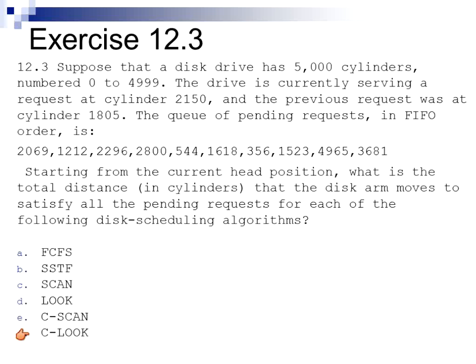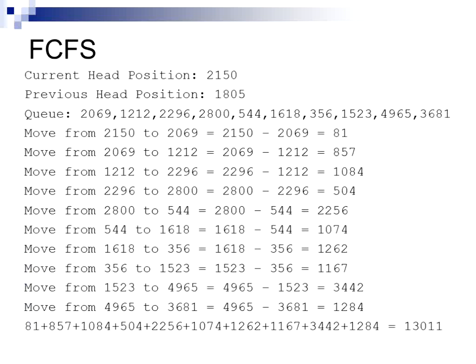The important thing in this problem was to figure out the order in which it would access the different cylinders on the hard drive. So we know that our current head position is at cylinder 2150, and the previous one, as I said before, started at 1805, so we know we're moving from lower numbers to higher numbers.